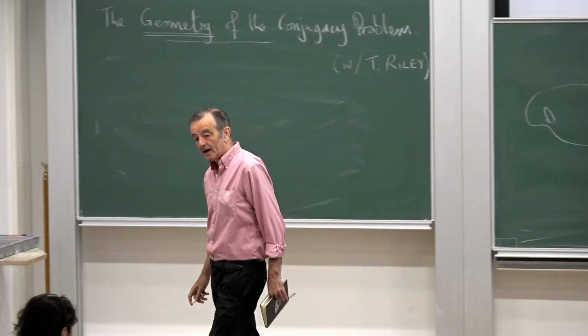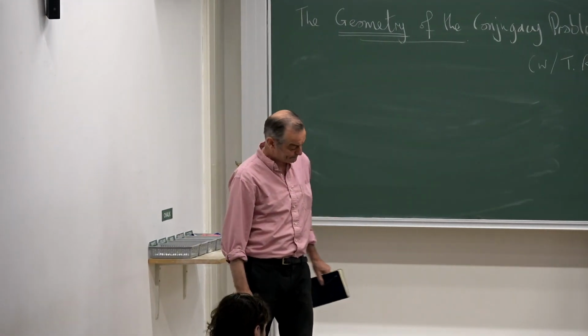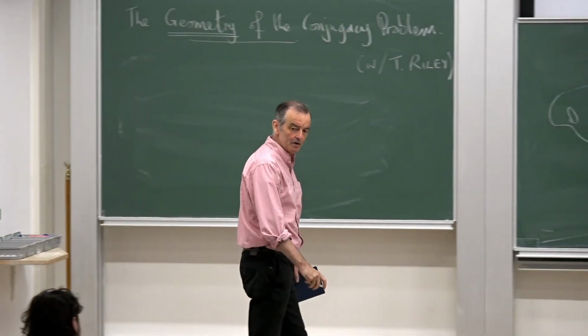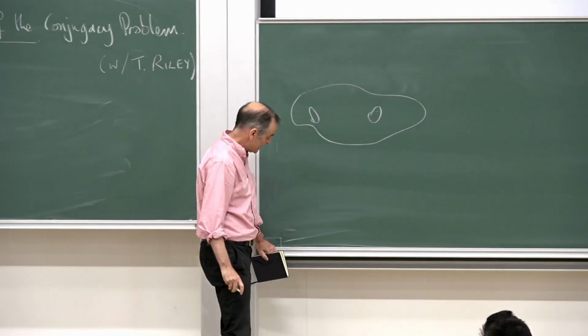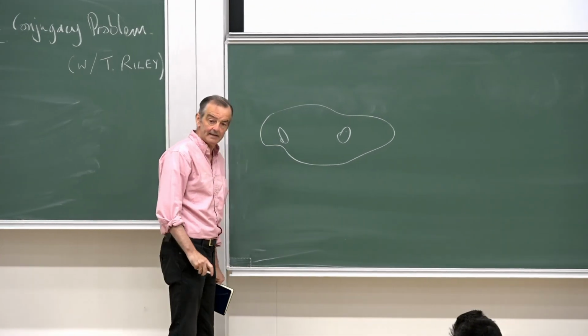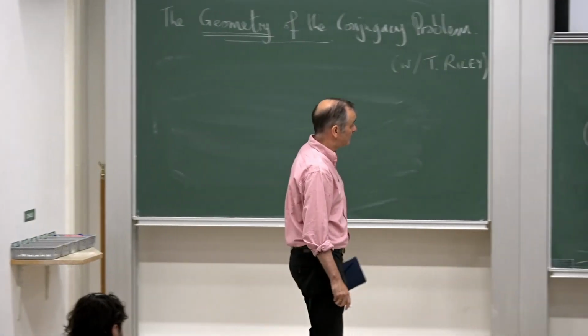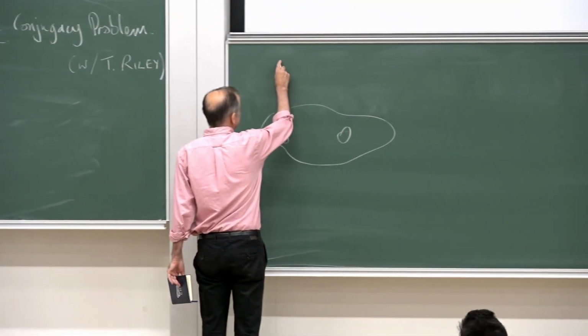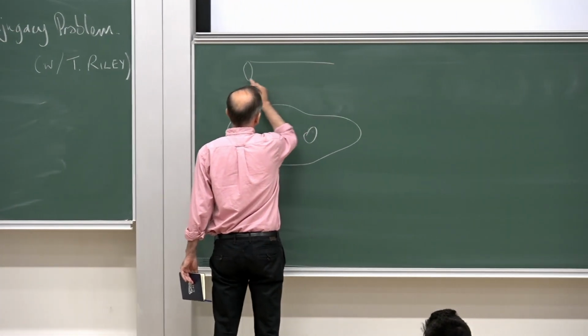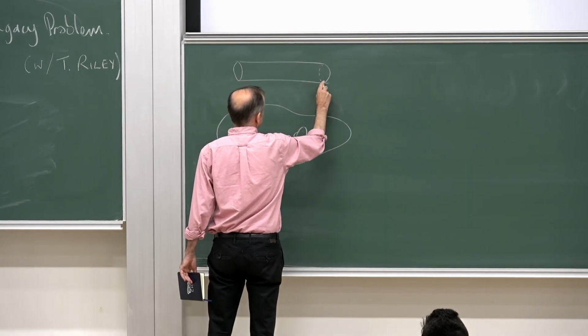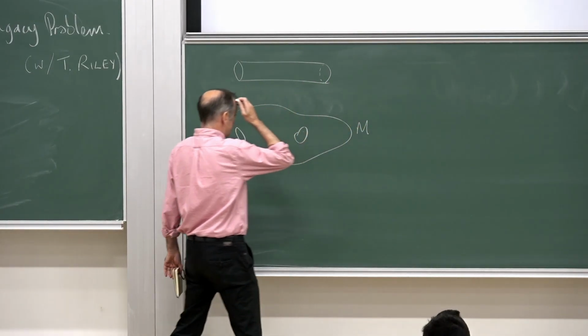Conjugacy classes in pi1 of a space, say a manifold, correspond to free homotopy classes of loops. And I'm interested in the complexity of the conjugacy problem, or how hard the conjugacy problem is. That's really about the geometry of annuli mapped into, let's say, a manifold.